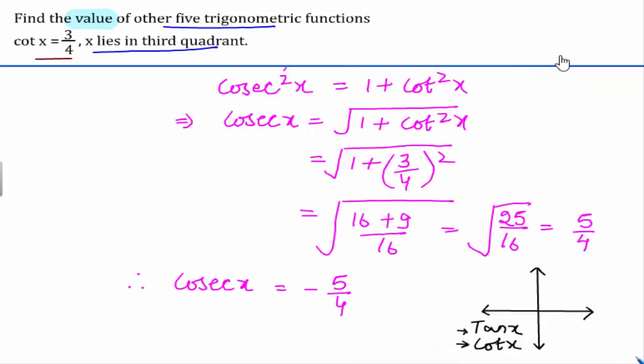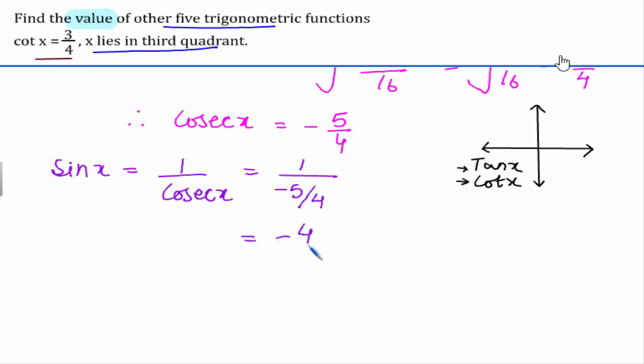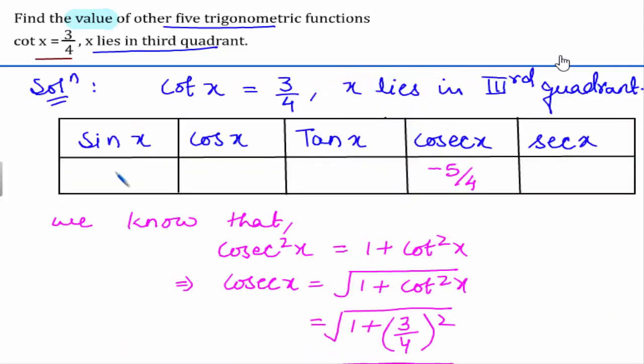Now, let us find sin x. Sin x we know is the reciprocal of cosec x, that is 1 upon cosec x. So, this is equal to 1 upon minus 5 by 4, which is equal to minus 4 by 5. Therefore, sin x is equal to minus 4 by 5.